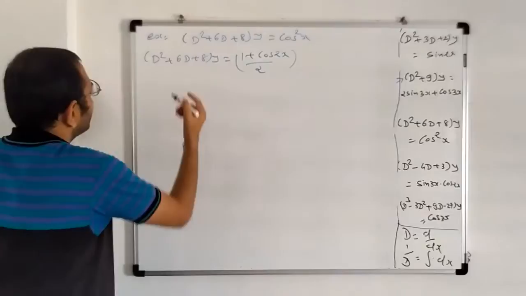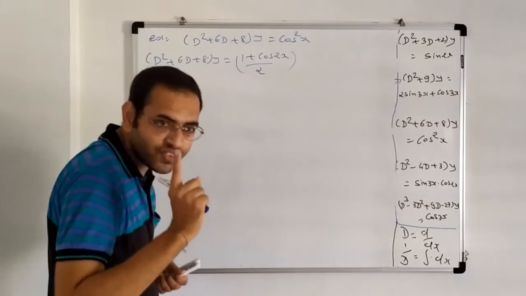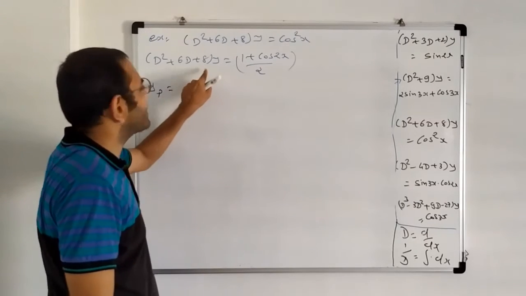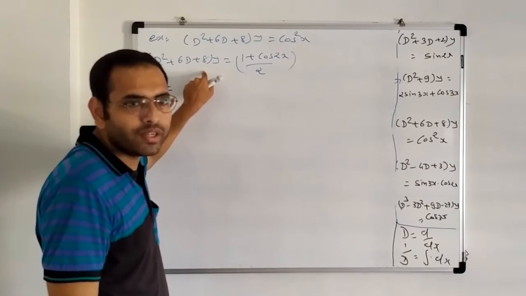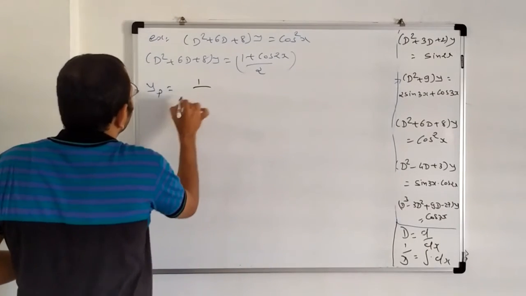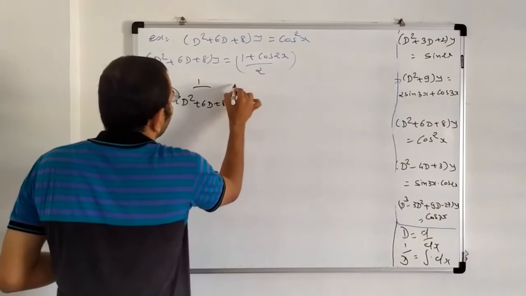In this example, we go directly to yp. You have to first find the complementary function, then find the particular integral. Same as the above cases, you can find it yourself. Then yp equal to 1 upon f of D, D square plus 6D plus 8.